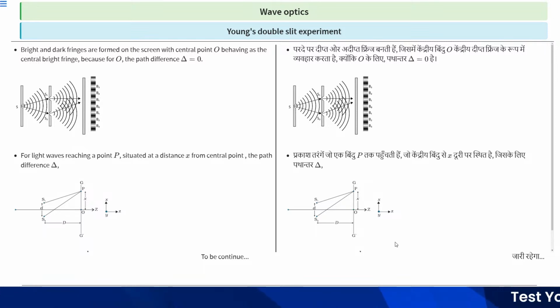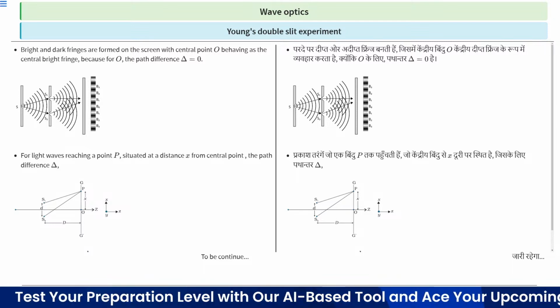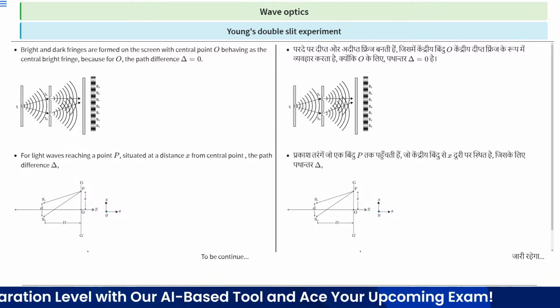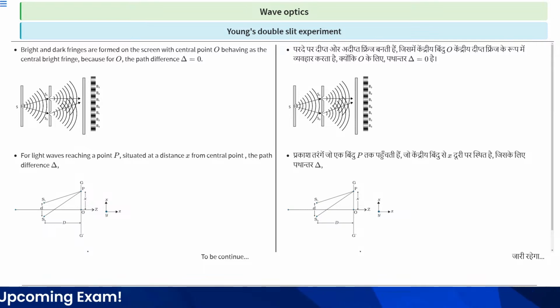For light waves reaching point P, this is source S1 and source S2, and the light from S1 and S2 reaches point P, which is situated at a distance x from the origin, or we can say from the central point. The path difference is denoted by delta.